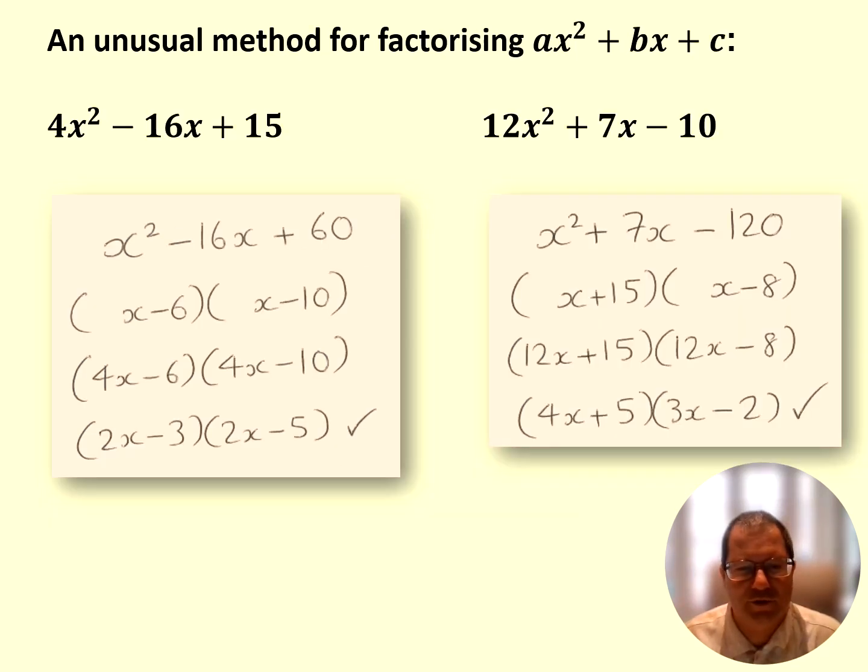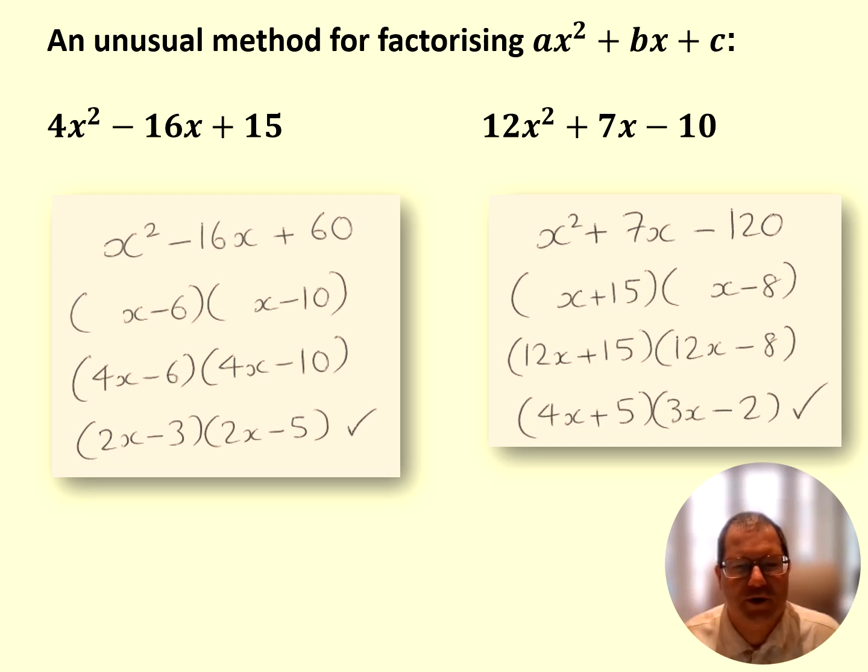Here are two more examples. On the left, we have 4x squared minus 16x plus 15. Again, the a is 4. We remove that from that position, but we multiply c, the 15, by it, which gives us x squared minus 16x plus 60. We factorise that in the usual way, giving us x minus 6 and x minus 10. But again, I've left a space in front of each of the x's.